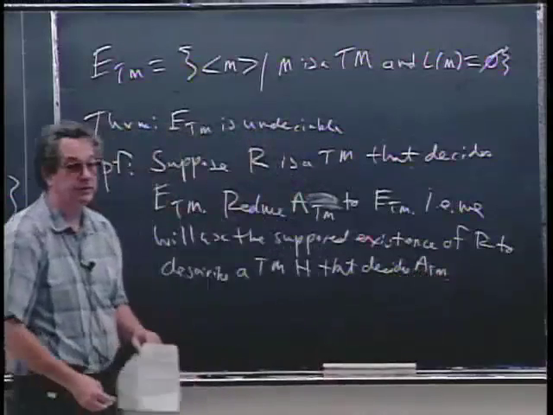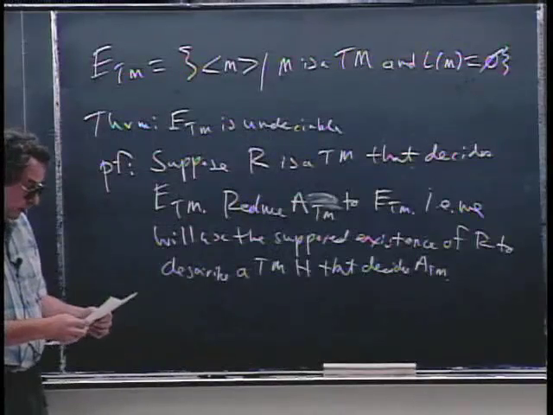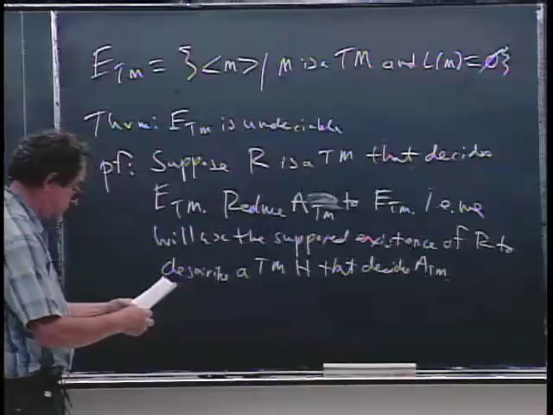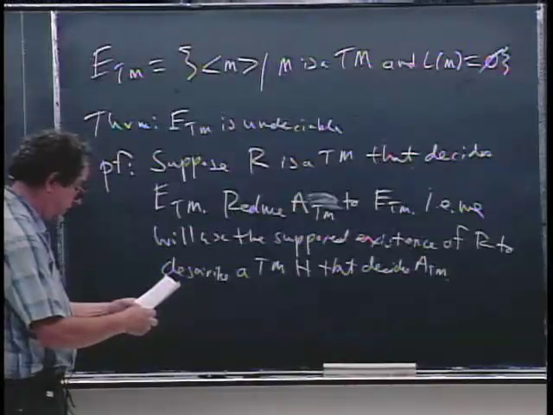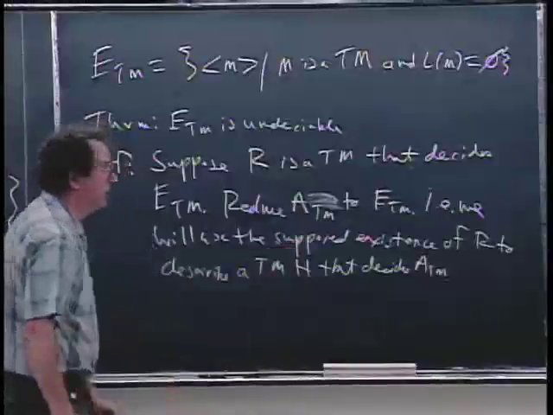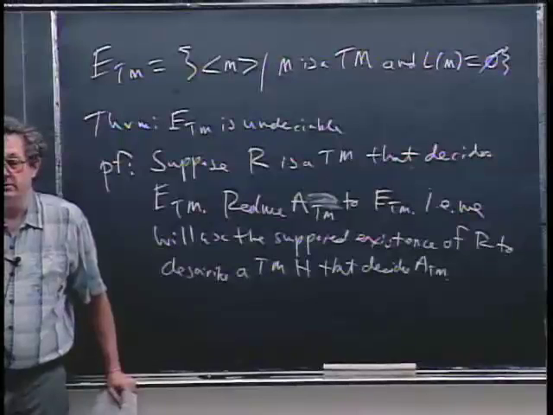Okay, that's what a reduction means. Okay, so what is this Turing machine H? How does that work? So first of all, what does H take in? What's the input to H?